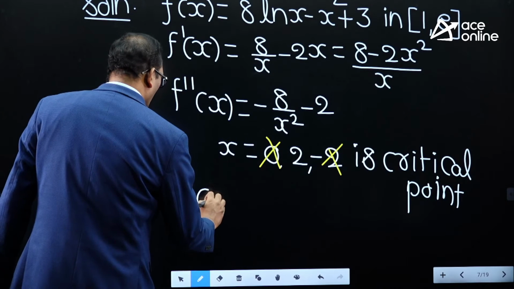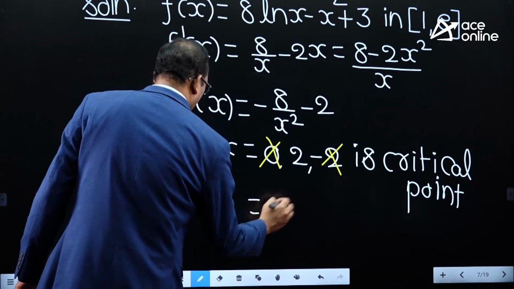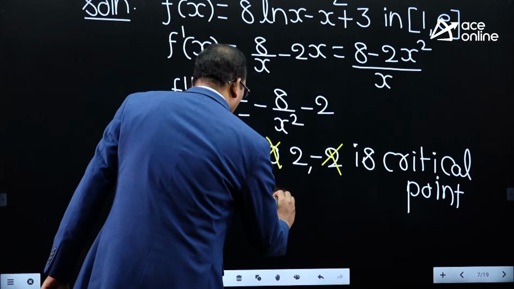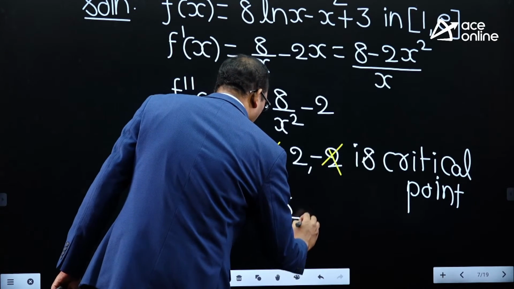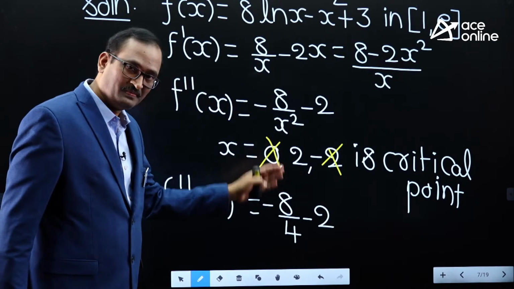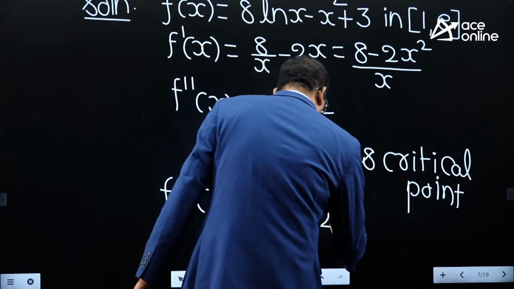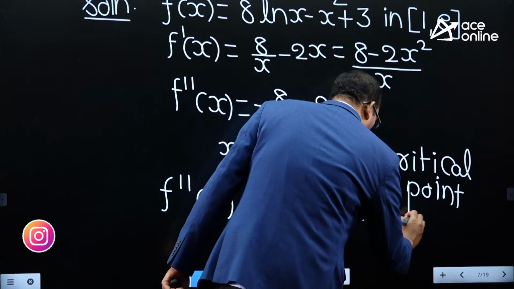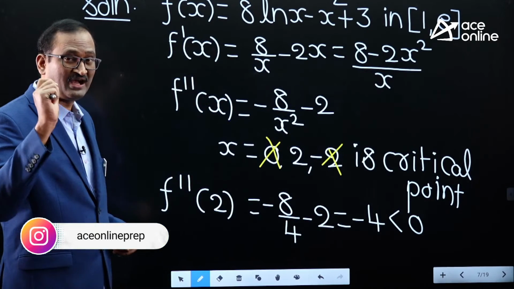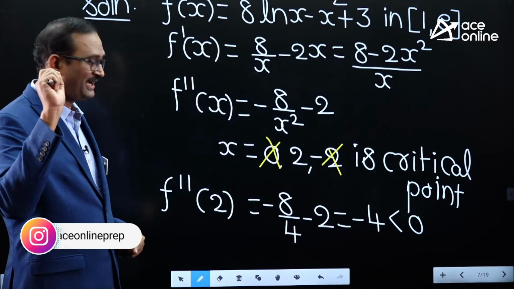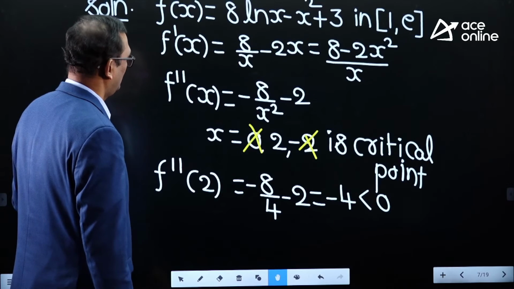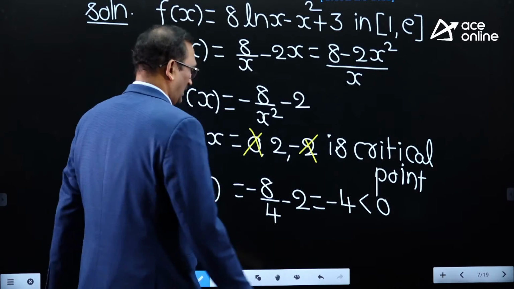F double derivative of x at x equal to 2 will be minus 8 by 2 square minus 2, that is minus 8 by 4 minus 2, that is minus 2 minus 2, that is minus 4, less than 0. Since f double dash x at the critical point is less than 0, it will have a local maximum at x equal to 2. I'll write here.